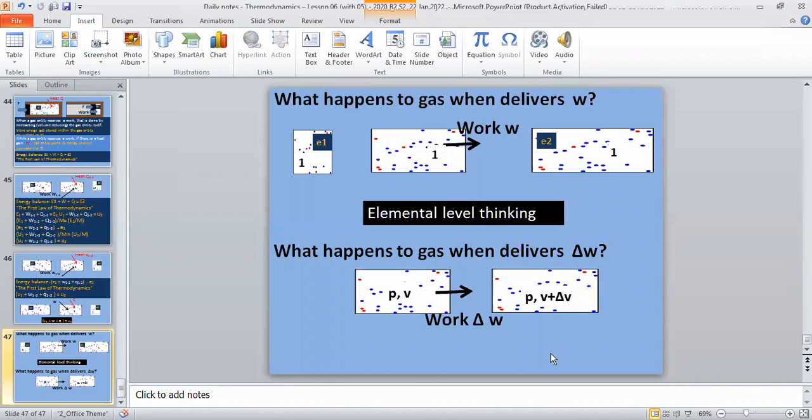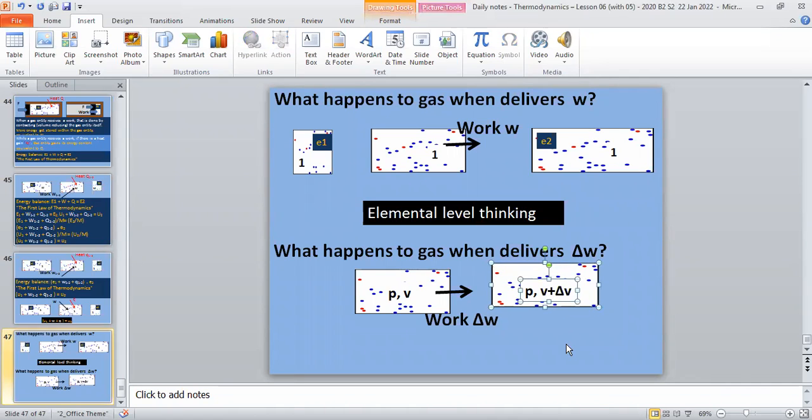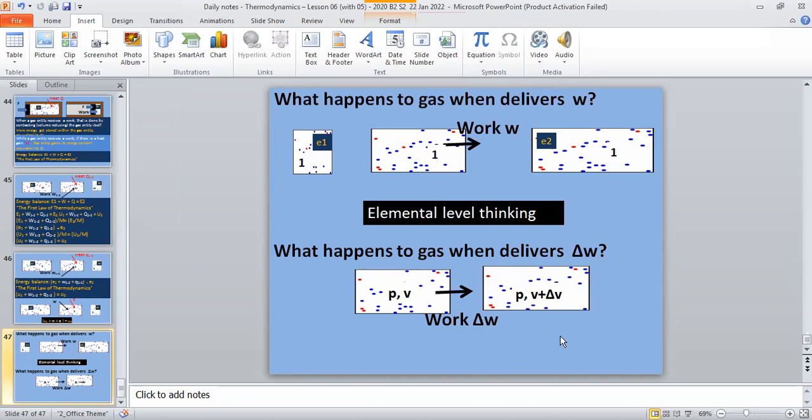V becomes V plus delta V. What is this delta V? It is the expansion. Delta V is the expansion because of delta W. That is the effect on this. So this delta W is the expansion. Sorry, delta V.